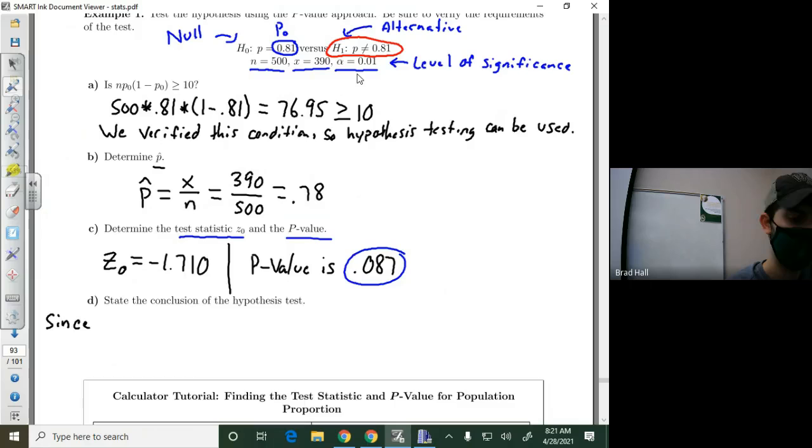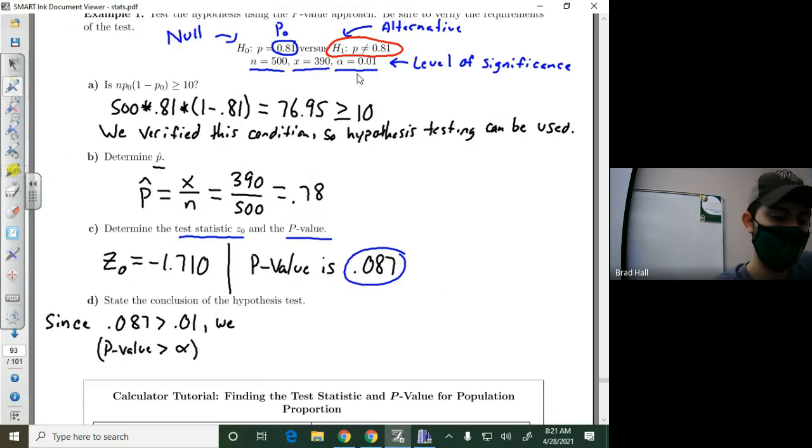So since the p-value is 0.087, and alpha is 0.01, since the p-value is greater than alpha, we do not reject the null hypothesis.